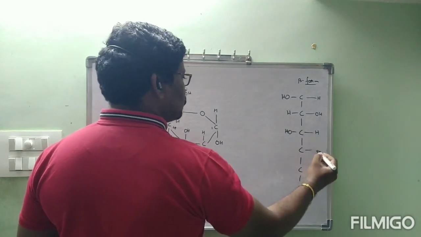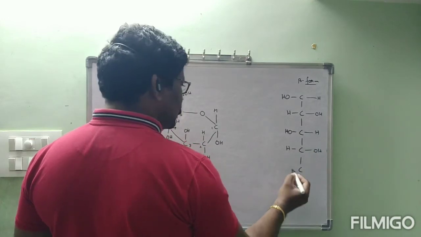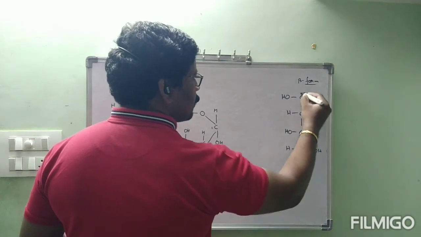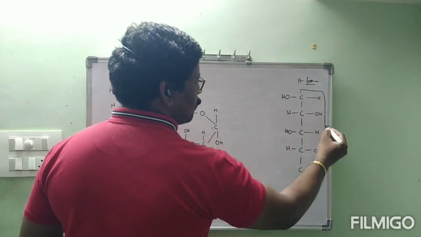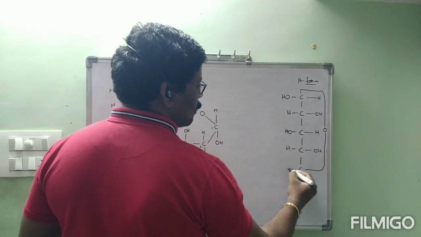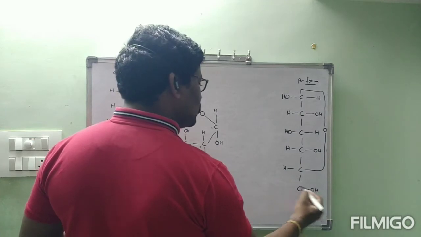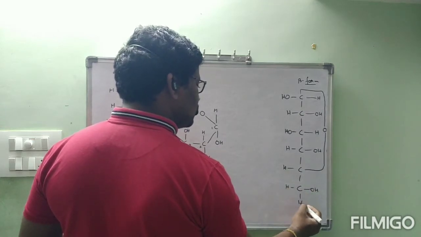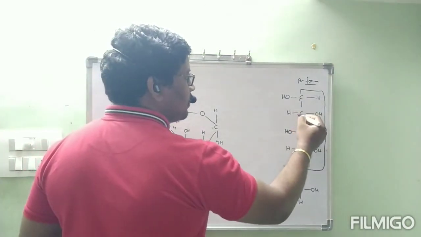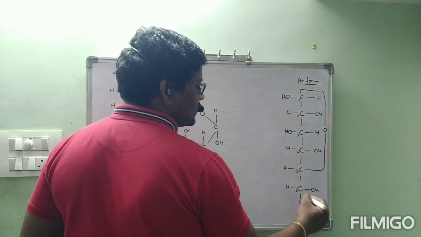Fourth carbon: OH, H. Fifth carbon: left side H. Sixth carbon: OH, H, H, that is CH2OH.